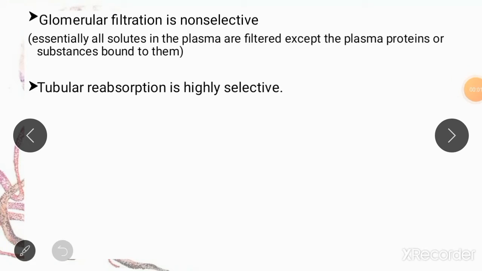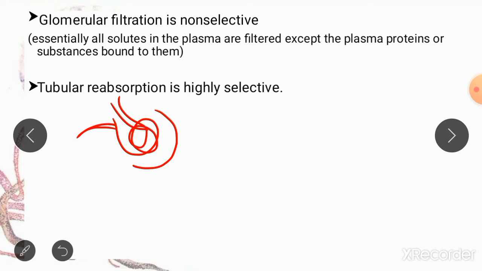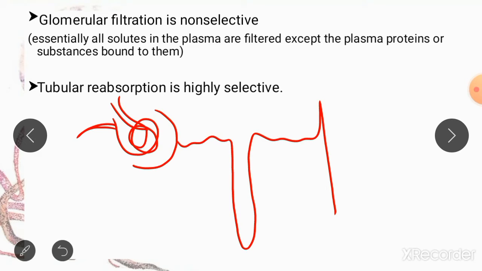Previously I showed you a schematic diagram if you want to see how it is arranged in real life. So here you have the afferent arteriole and the efferent arteriole, and this is your Bowman's capsule and your proximal convoluted tubule, your loop of Henle, and your distal convoluted tubule with the collecting ducts.